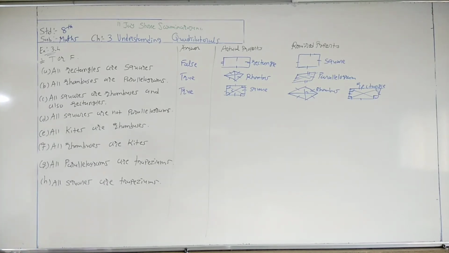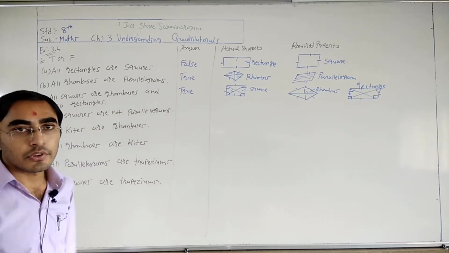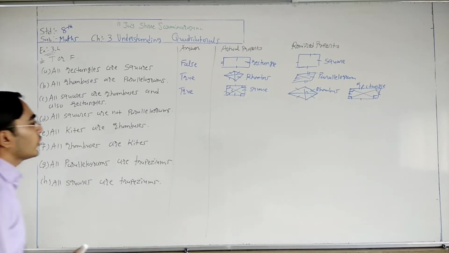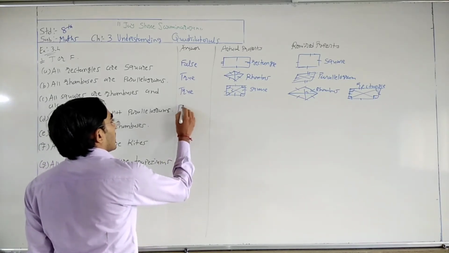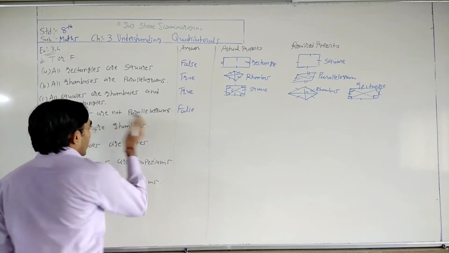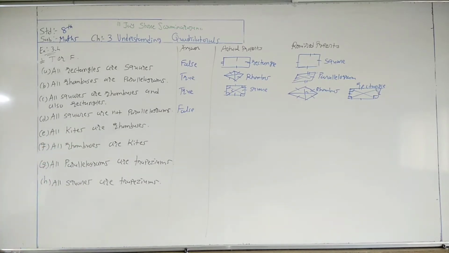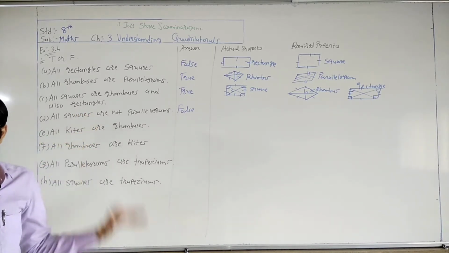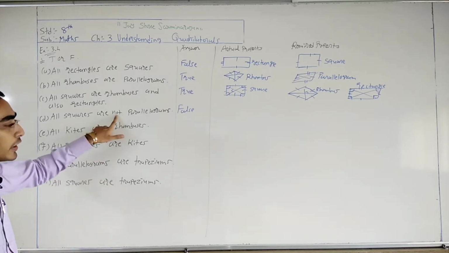Then number D. All squares are not parallelograms. Definitely this statement is false, because a square is one type of parallelogram. So all squares are parallelograms, but here it is written not.